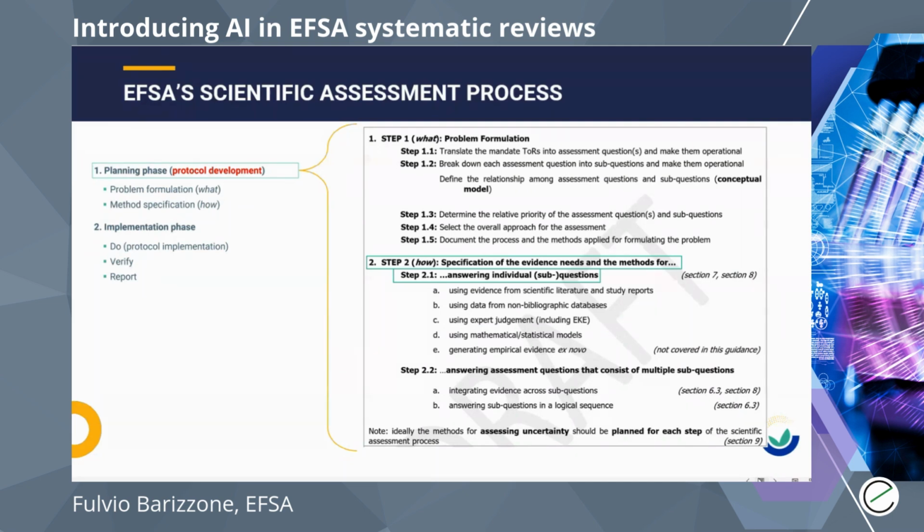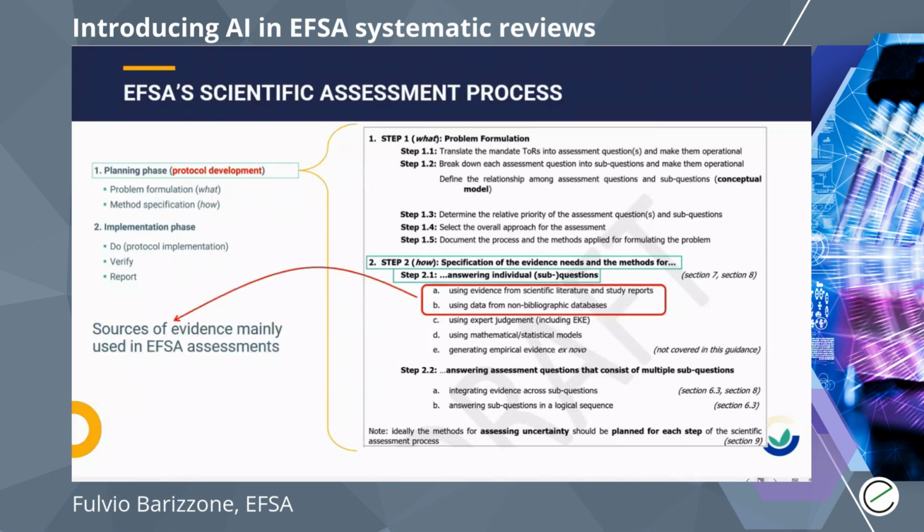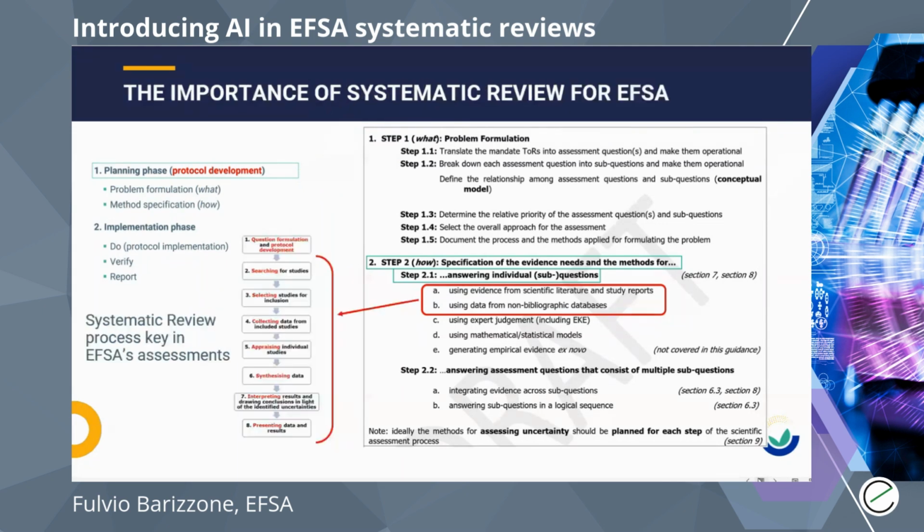This happens very, very rarely because it's the last resort; we also try to use what is already present outside. However, the 2 main sources that we use in EFSA assessments are evidence from scientific literature and from non-bibliographic databases. And this is why the systematic review process is key in EFSA assessments.